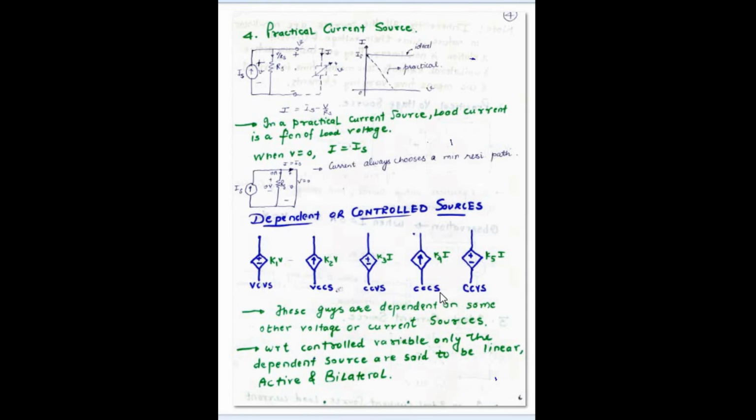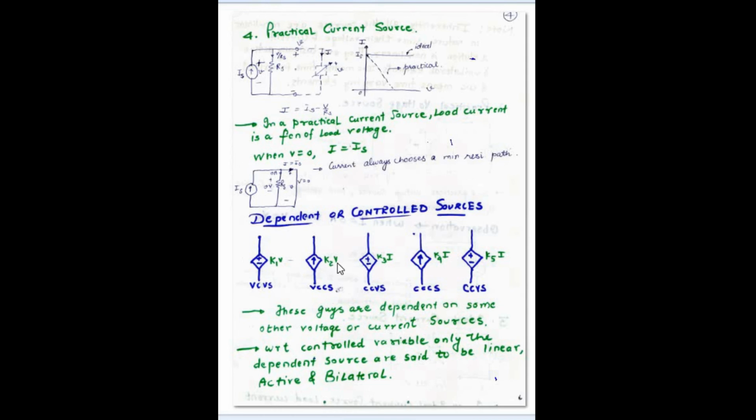Next is the current controlled current source. This is a current source, but it is controlled by a current element. Some current source is controlling this particular element. Next is the current controlled voltage source. This is a voltage source, but it is controlled by some current element. So here is K1 into V. V here is the thing which is controlling this element; voltage is controlling this element.